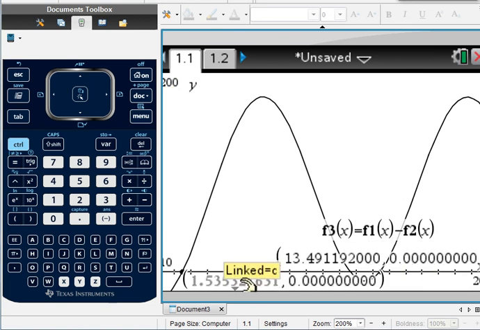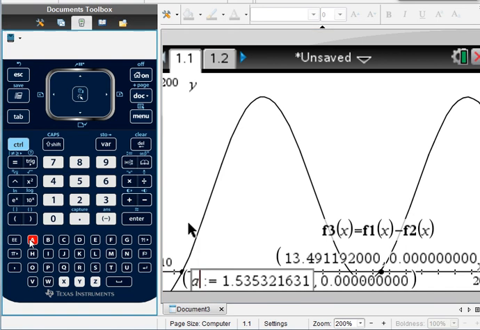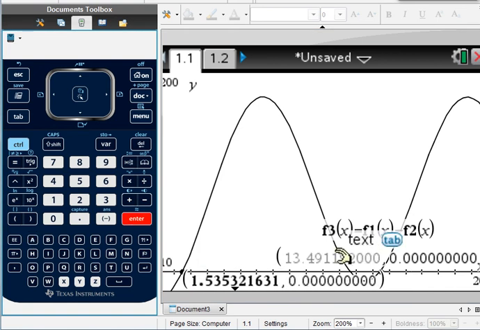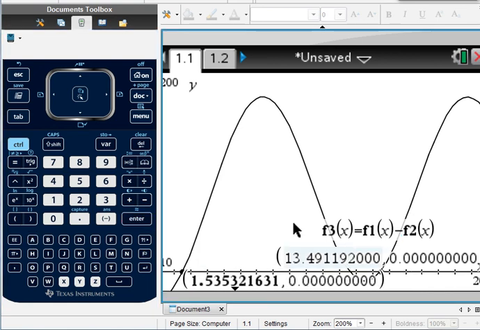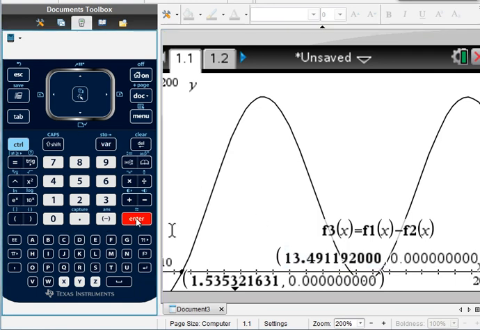Just do that again. I'll just click on this one again. I actually called that one C, so I can fix that. I can put store variable and call it A now. And then this one, store variable and call that one C. There we go.